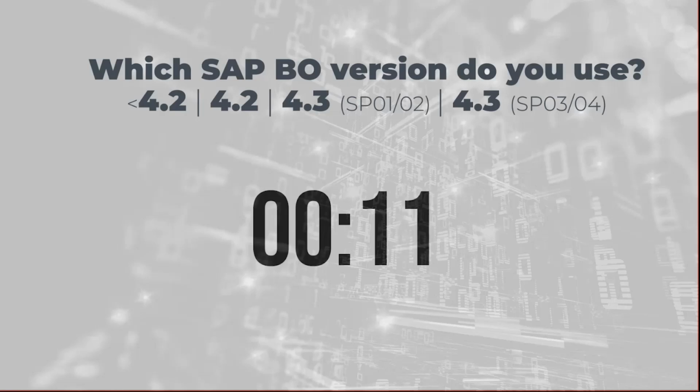And we're seeing right now that's a little bit of the case. A lot of people are utilizing 4.3, which is great. Everybody's trying to get the best, most up-to-date version of BusinessObjects. So feel free to utilize the poll question. It should come up as a pop-up. And if you have a pop-up blocker on, now would be a good time to turn that off. And actually, we are at 100% people utilizing 4.3 for those who have responded. So that's good to hear.